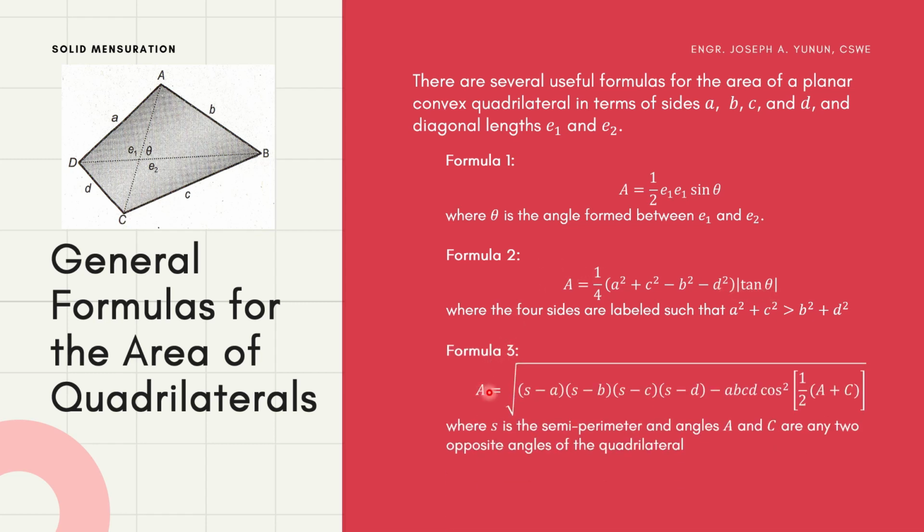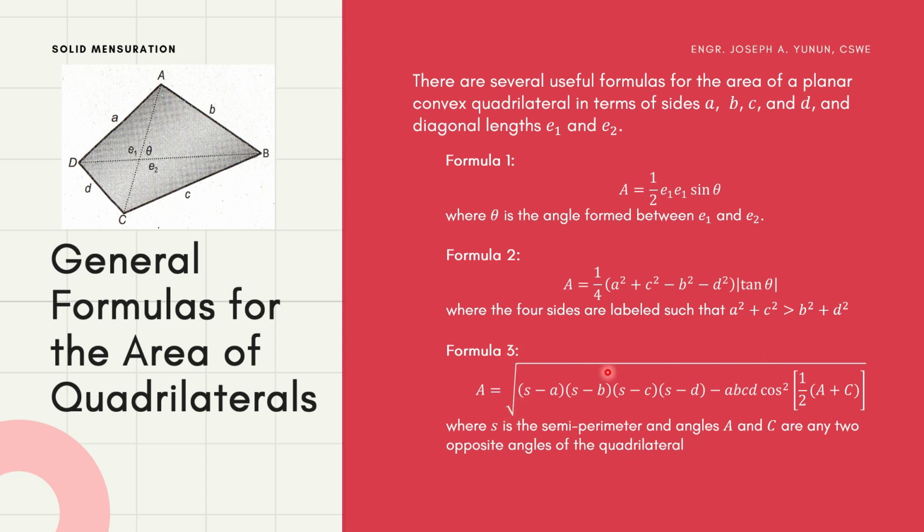Then you have formula 3, where sides are given and also any two opposite angles of the quadrilateral. It can be A and C or B and D. Okay, so you can use this one, and you're familiar with S, which is the semi-perimeter.